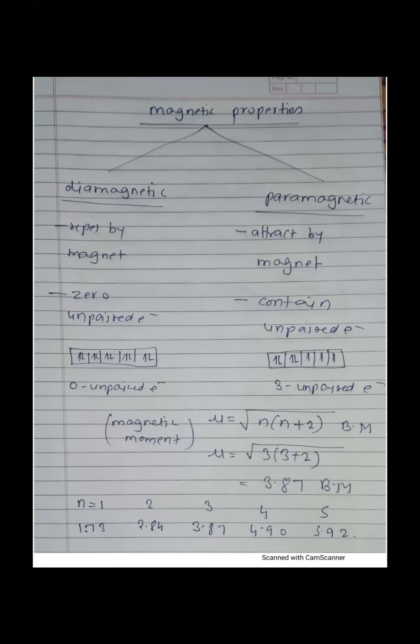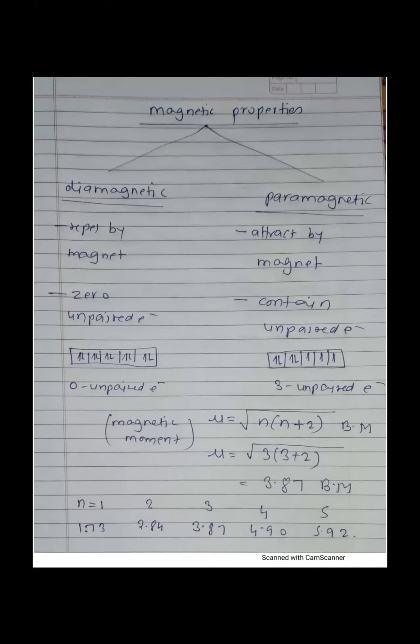Diamagnetic substances are repelled by a magnet, and paramagnetic substances are attracted by a magnet. Substances which have no effect on a magnet also come under the category of diamagnetic. And ferromagnetic substances are strongly attracted by a magnet.